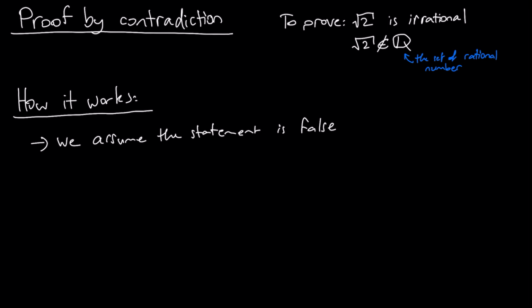So we want to prove it's true, but we start by assuming that it's false, or we assume the opposite of the statement. Then we do a whole bunch of correct logical steps, and eventually we reach something which doesn't make sense. We reach our contradiction.